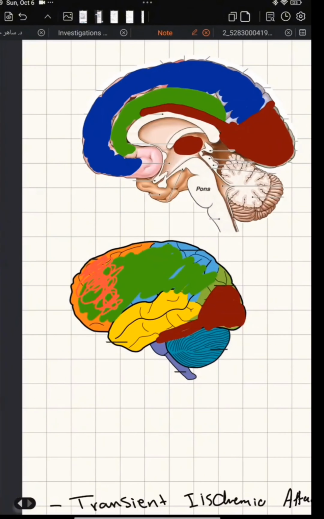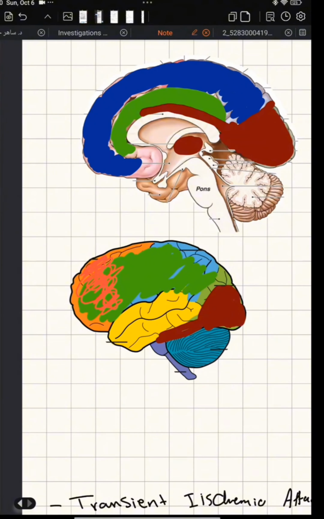So if there's a problem within the anterior cerebral artery, which supplies the medial side of the frontal and parietal lobe, this will affect the movement of the contralateral leg, both motor and sensory. You know that the primary sensory cortex is located within the parietal lobe, and the medial parietal lobe is responsible for sensation of the contralateral side. You understand?